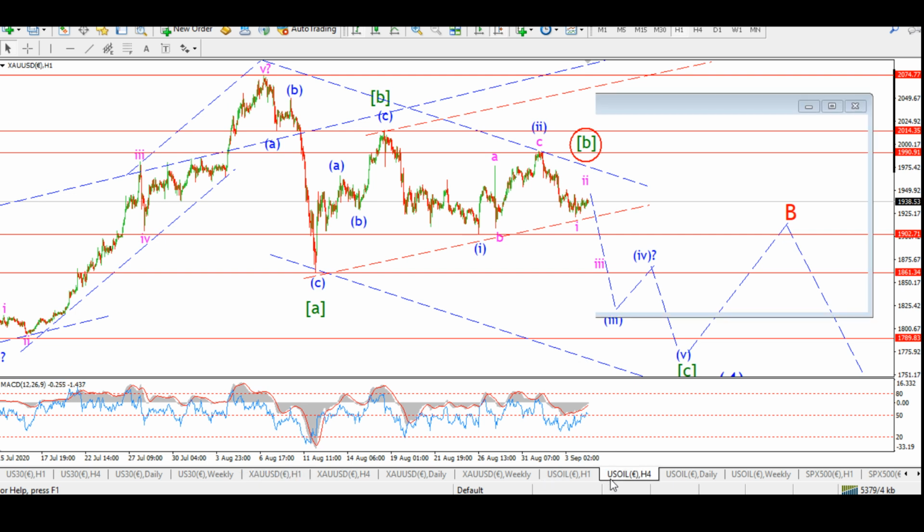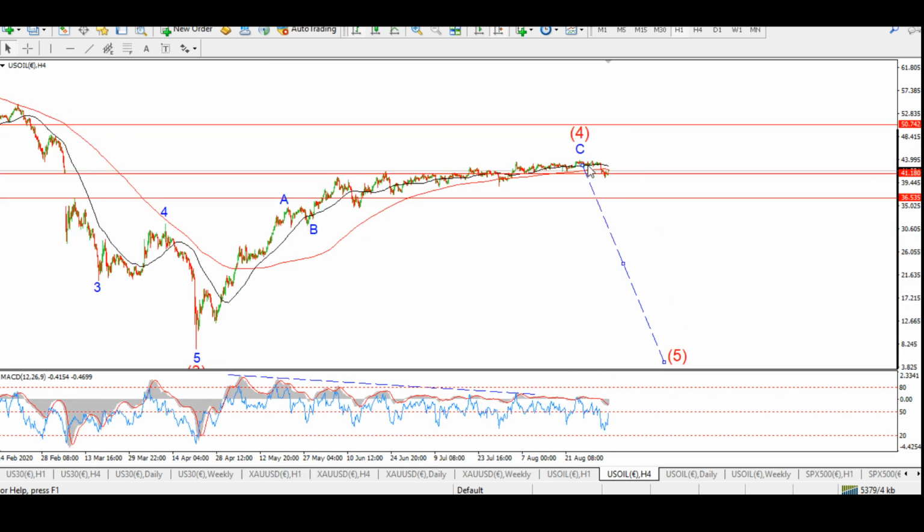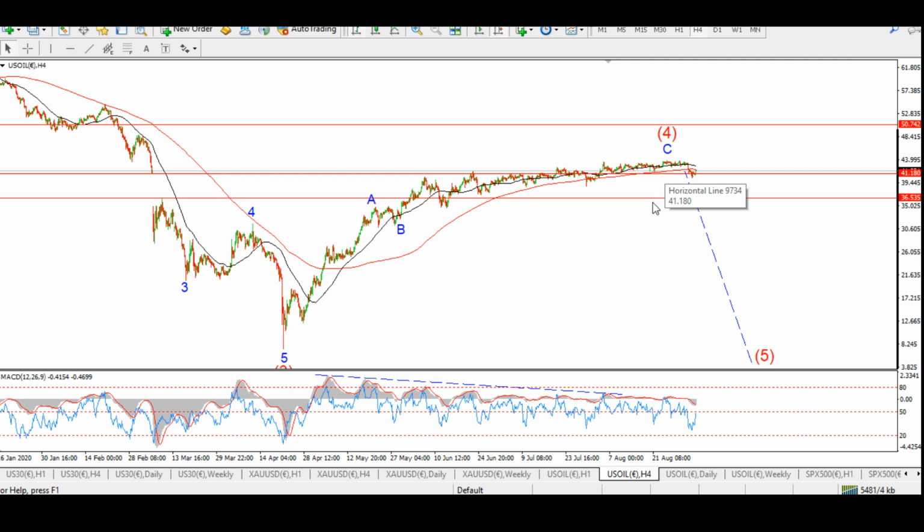Okay. Crude oil starting to turn. I just have this feeling that previously, back in 2018 and again late last year, late 2019, we had a turn in crude before we had a turn in the stock market.